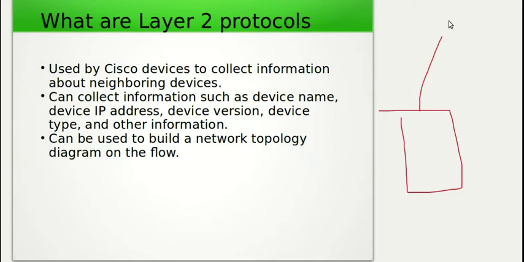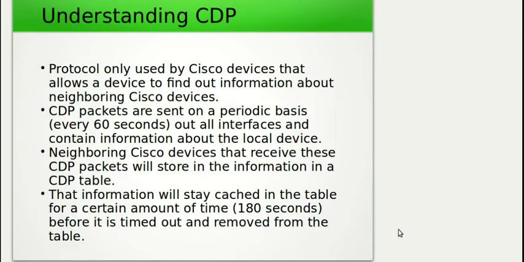So in this case we may see that a switch connects to this router, and then when we go to the switch we may see 3 or 4 devices. Maybe there's a wireless access point over here which connects to the switch, and another switch over here. So we're able to build a network topology diagram, our physical one as well as our logical topology diagram, by using these layer 2 protocols to see what devices connect to a single Cisco device.